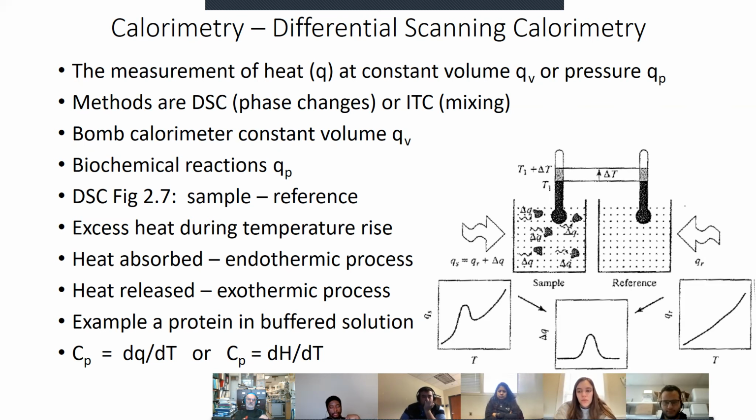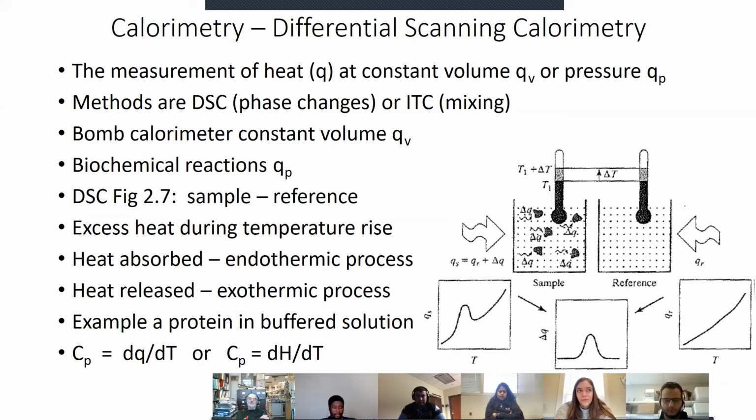And this chapter covers two techniques, one of which is DSC, differential scanning calorimetry, which is generally used for phase changes. In other words, protein denaturation, or literally a phase change when something changes state. I have used it, people are using it to measure condensation reactions.